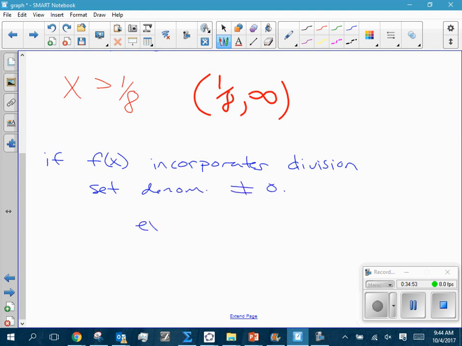So maybe an example: if I have f of x equals ax plus b over cx plus d, then I set cx plus d not equal to 0 and I solve. Okay.